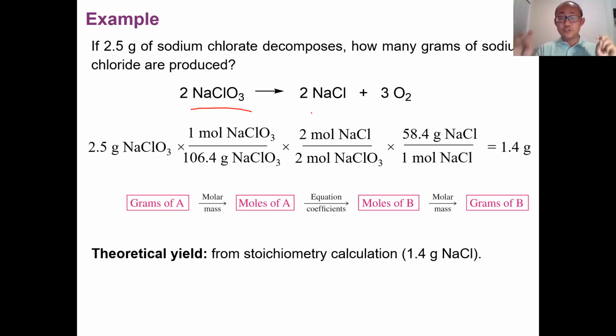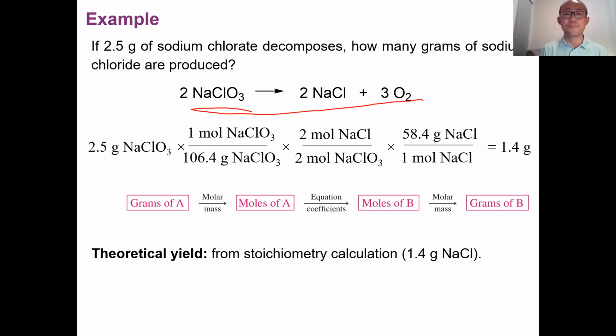If you are in a face-to-face Chemistry 101 class, we actually do this lab. This is the equation. Of course, we balance it by adding a 2 in front of sodium chlorate, a 2 in front of sodium chloride, and a 3 in front of oxygen. So this equation is now balanced, and after balancing, we know these three substances are related by 2, 2, and 3 moles.